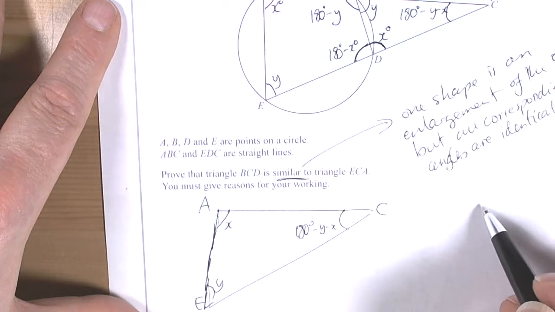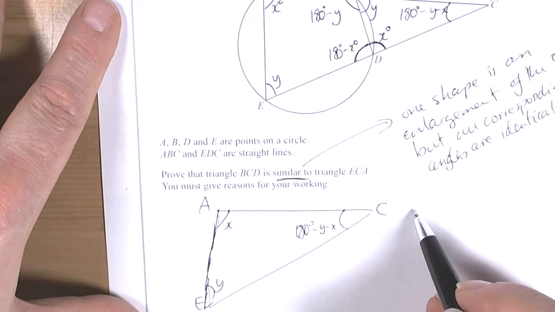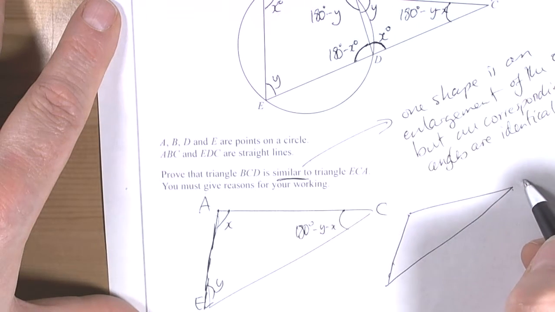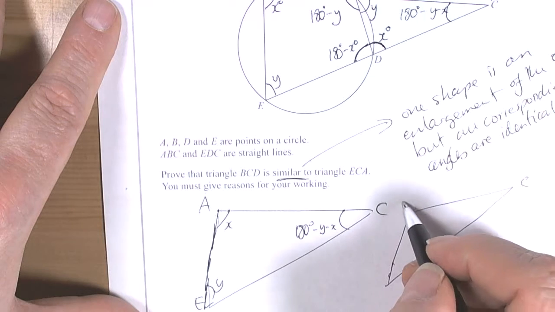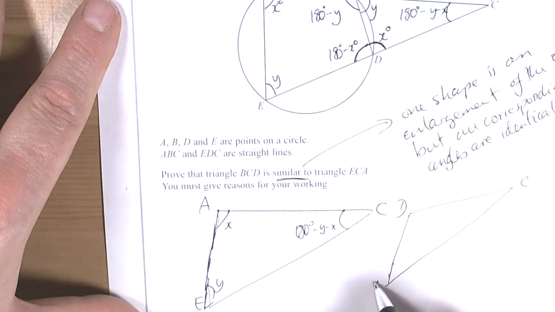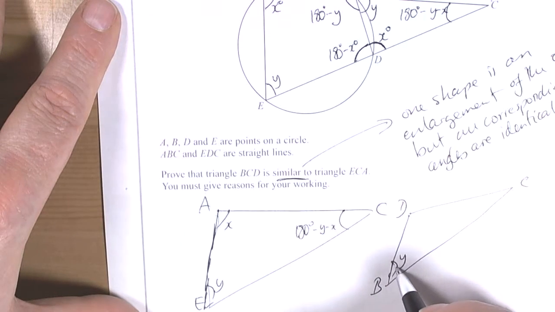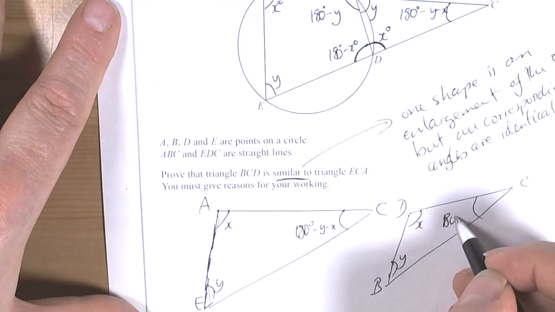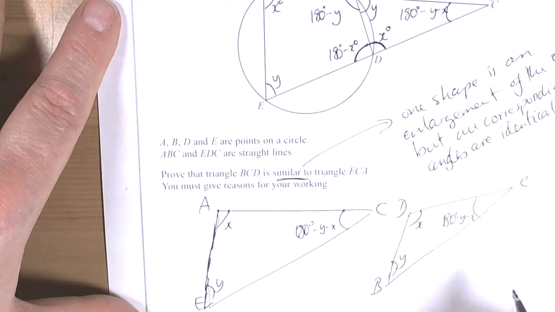And then we've got the corresponding triangle, where that's going to be C, that's going to be D, and that's going to be B. And the angle there is y, the angle there is x, and this one's 180 minus y minus x.